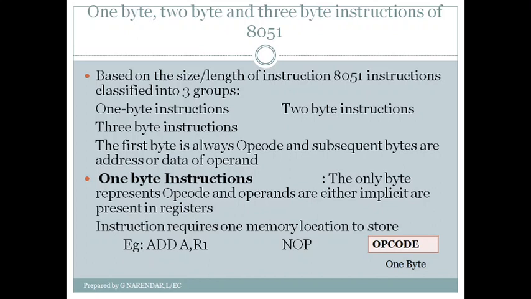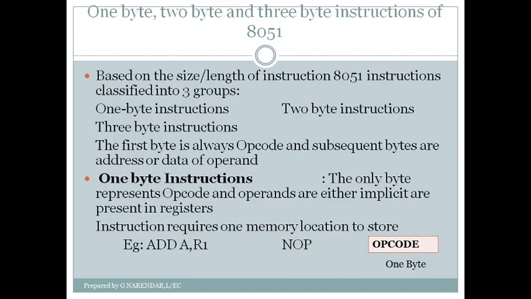In 1 byte instructions, the size of the whole instruction is itself 1 byte, and the opcode is a must for every instruction and always takes 1 byte. So I can say that the 1 byte instruction contains only opcode.